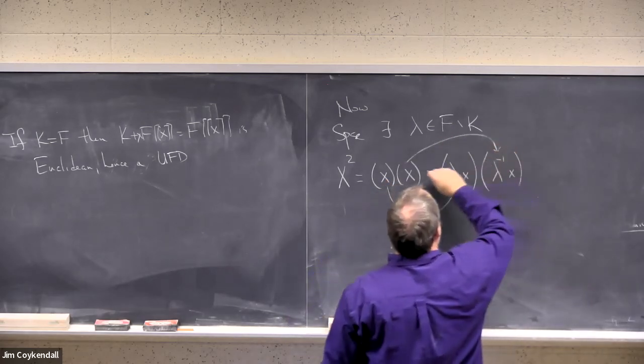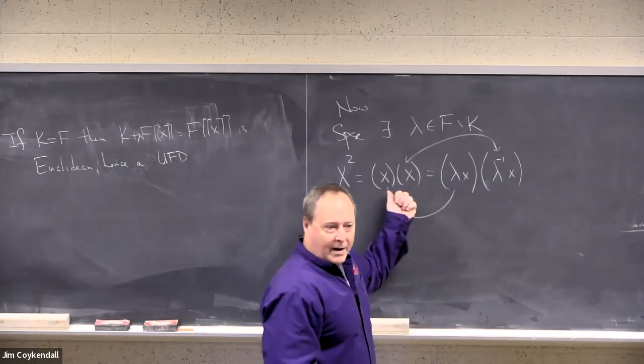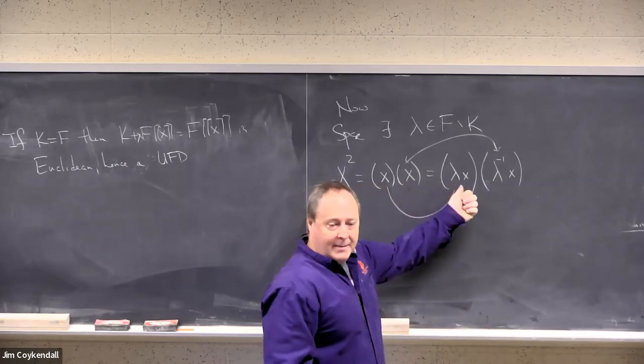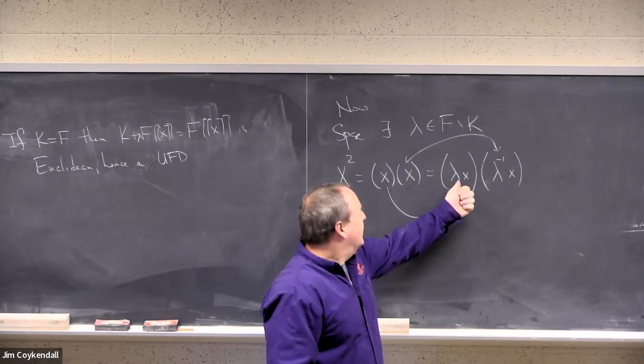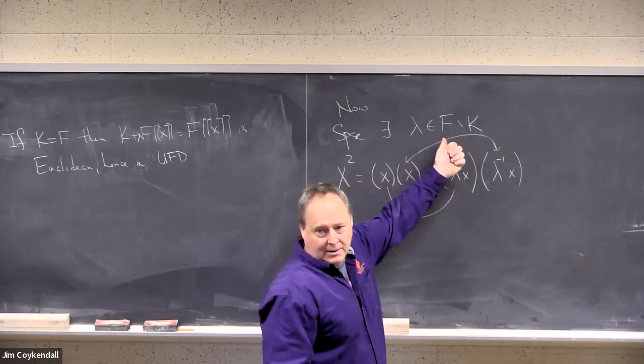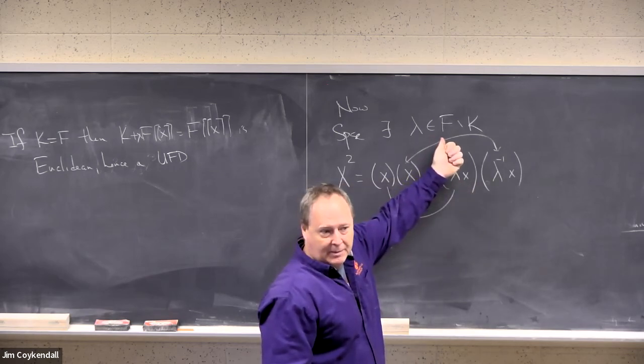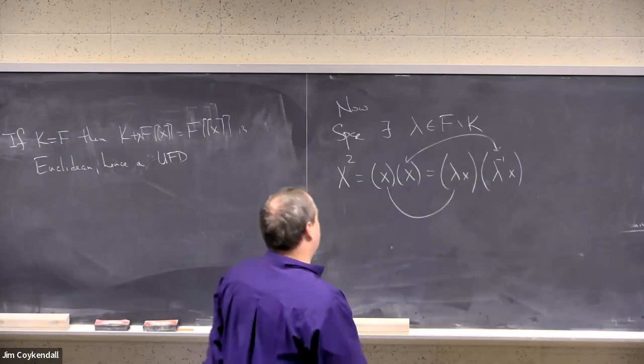This one and this pairs off here, where x and lambda x vary by a unit in the ring R. The lambda ain't there. Right? And that's the problem.